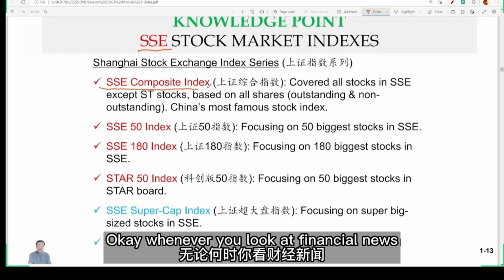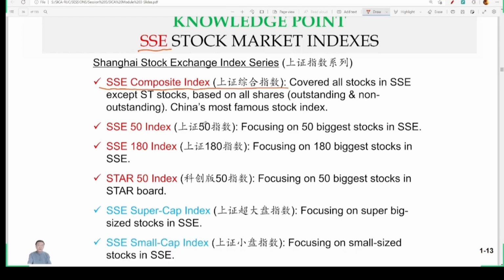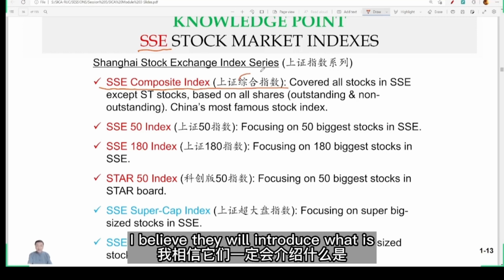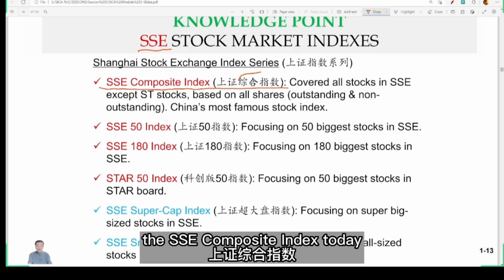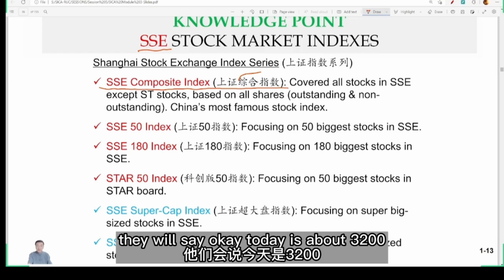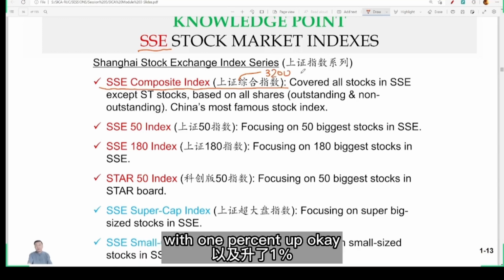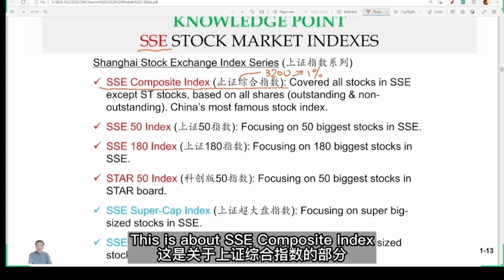Whenever you look at financial news, when they talk about the stock market, I believe they will introduce what the SSE Composite Index is today. They will say, okay, today is about 3,200 with 1% up. This is the SSE Composite Index.